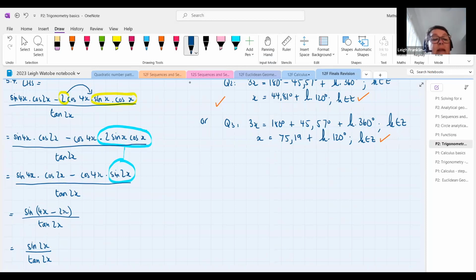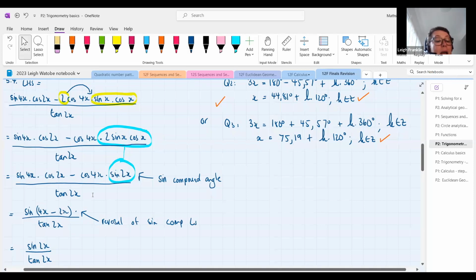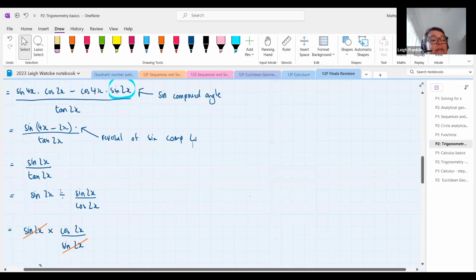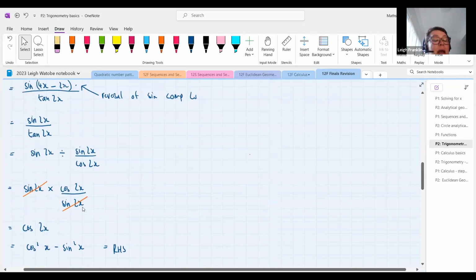So on this line here in the numerator, I have got a sine compound angle. And then I did the reversal. So this over here is the reversal of the sine compound angle. And then I used my tan identity, tip and times or keep flip change, and got to my cos 2x like so.